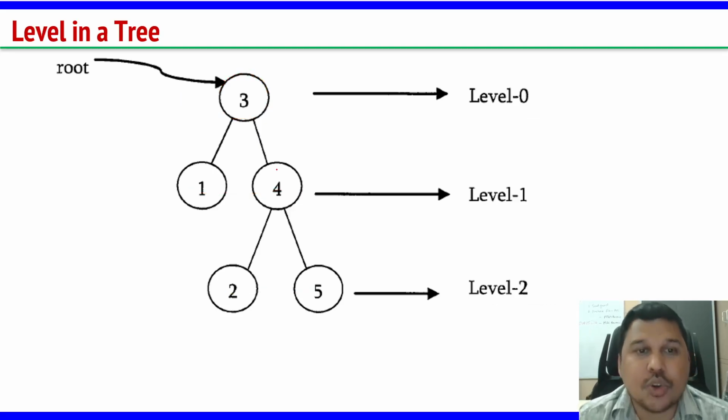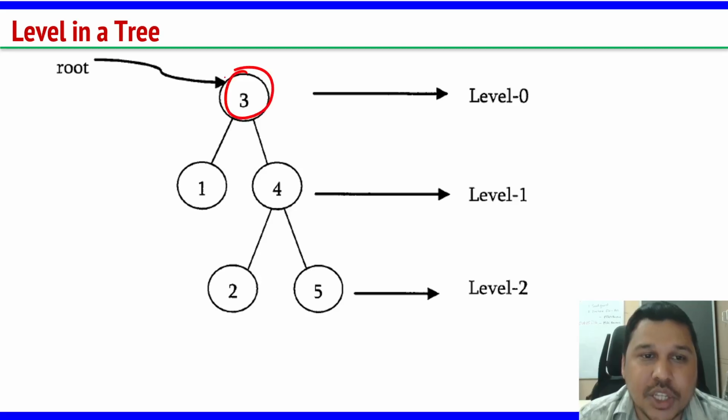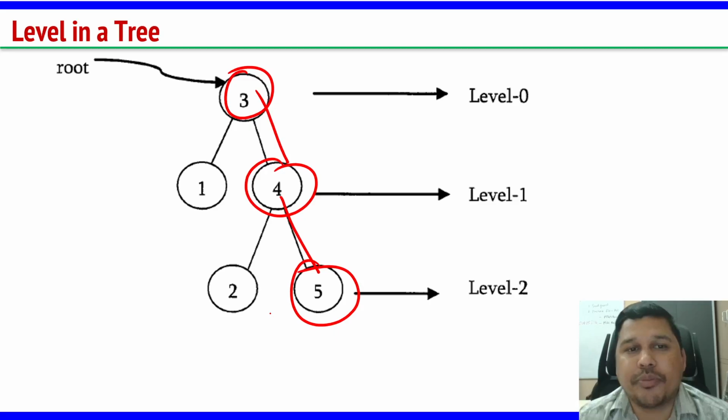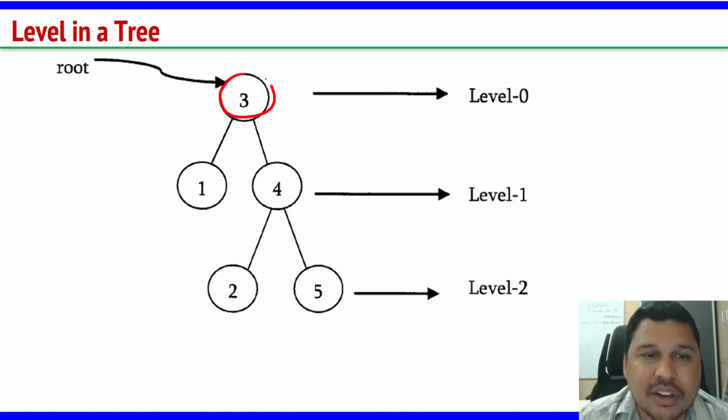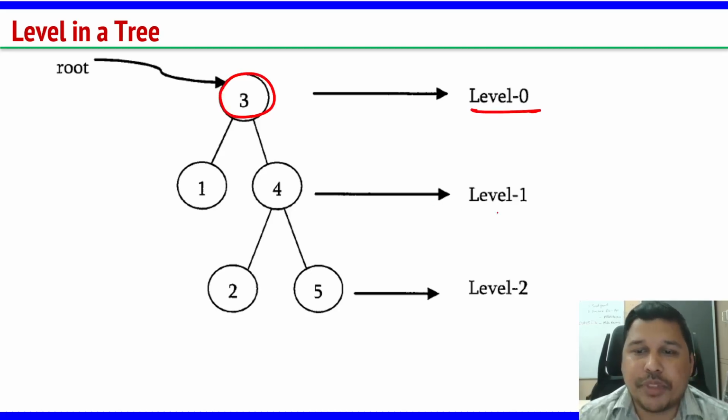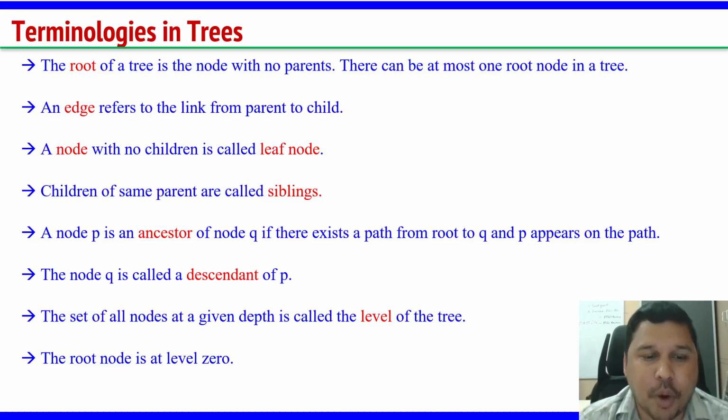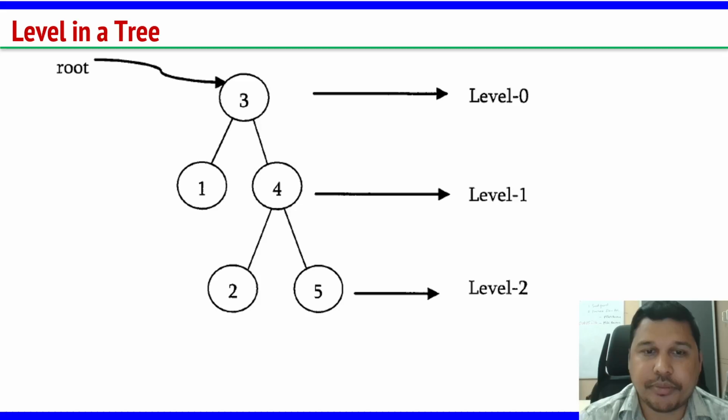So this is called depth: the depth is 0, then 1, then 2. The root node is always at level 0, then level 1, level 2 and so on. This is an important point.